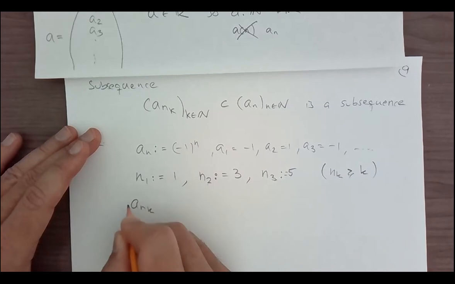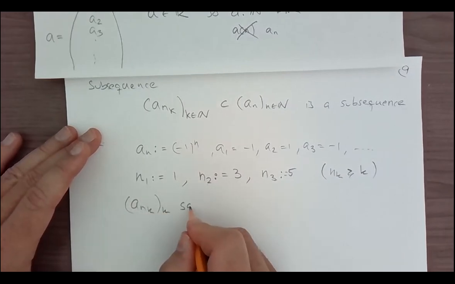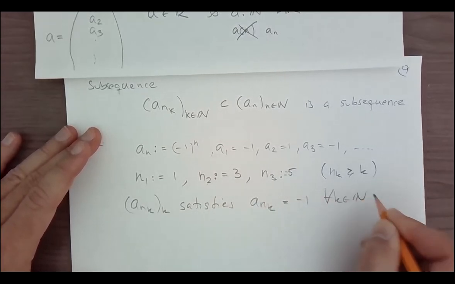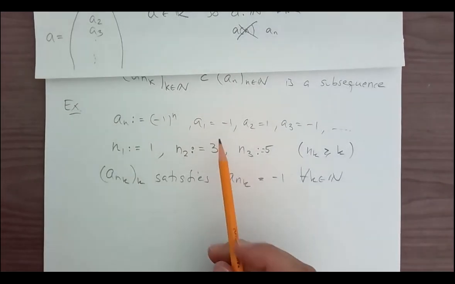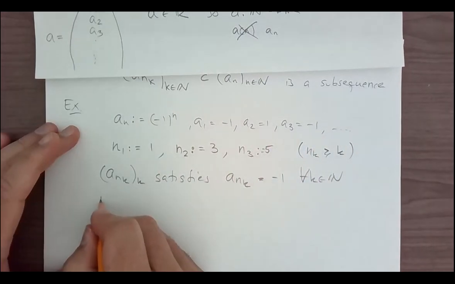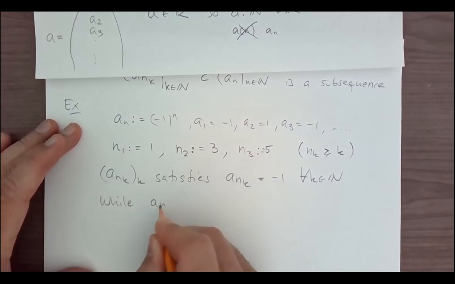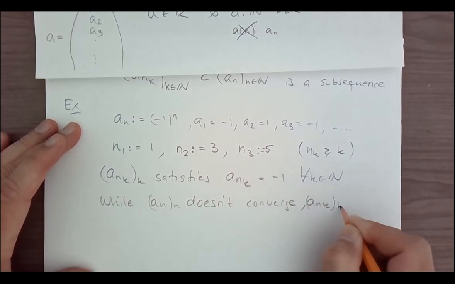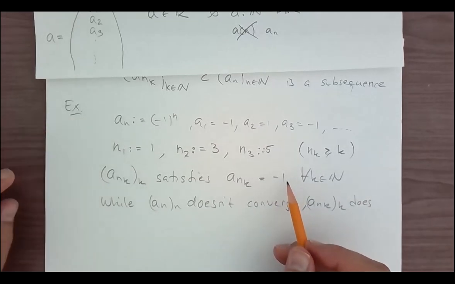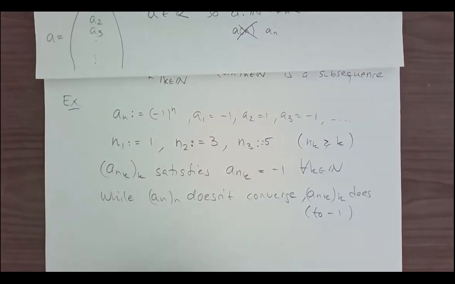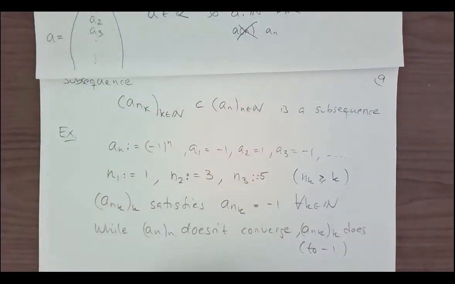In that case, the subsequence a_{n_k} satisfies that a_{n_k} is equal to -1 for all elements, because I'm picking out all the minuses in the original sequence. So while a_n does not converge, a_{n_k} does, and the limiting point is of course -1 because it's just a constant sequence. So that's what a subsequence is. It's just a subset of the original sequence.